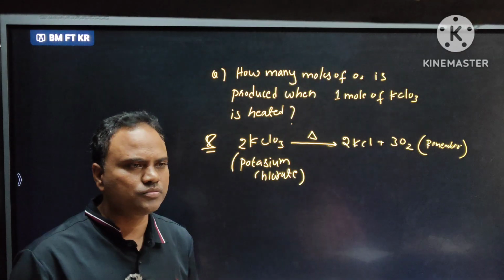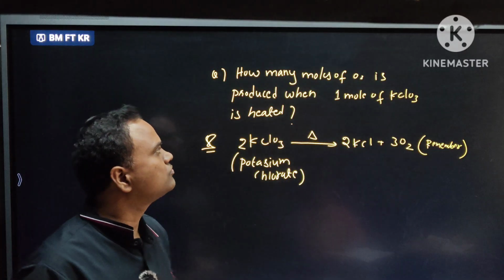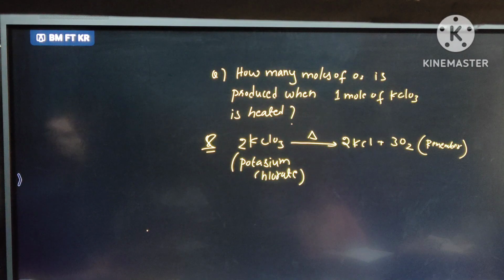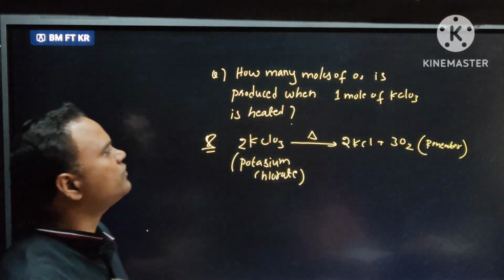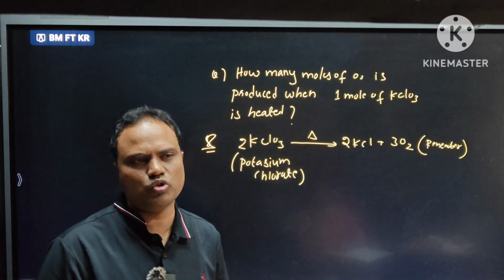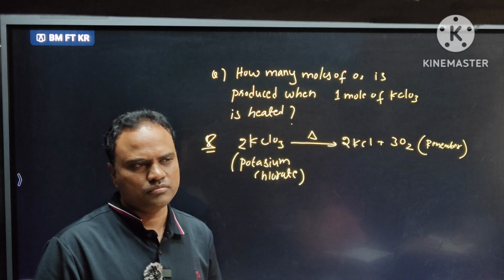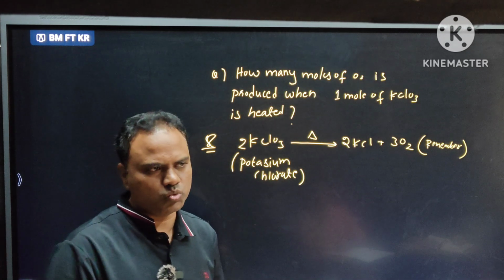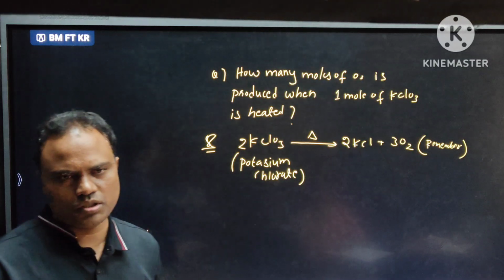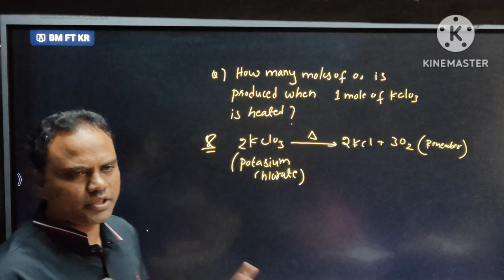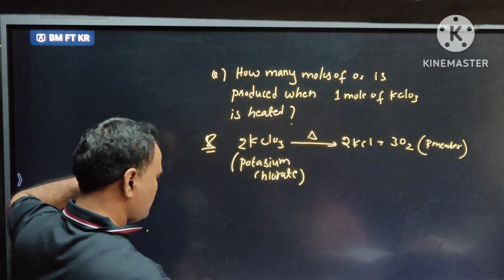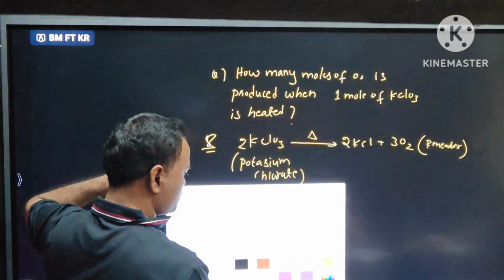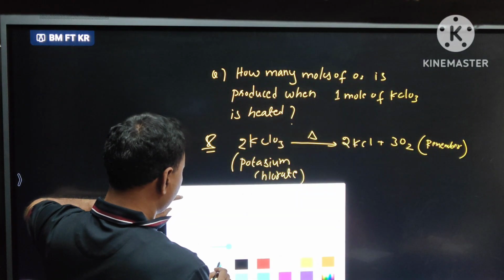Who will give the answer? Answer is 1.5 moles. How many moles of O2 are produced when 1 mole of KClO3 is heated? Mole relation. Now don't get confused. See, first of all, write a mole relation according to the stoichiometric equation.